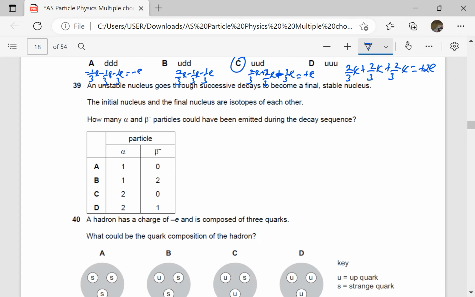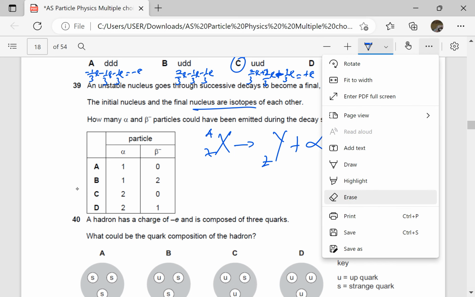An unstable nucleus goes through successive decays to become a final stable nucleus. The initial nucleus and the final nucleus are isotopes, so they have the same proton number. How many alpha and beta minus particles could have been emitted during the decay sequence? So if X is A, Z and they are isotopes, Y should have the same proton number Z, plus alpha particles, which is He 4 2.